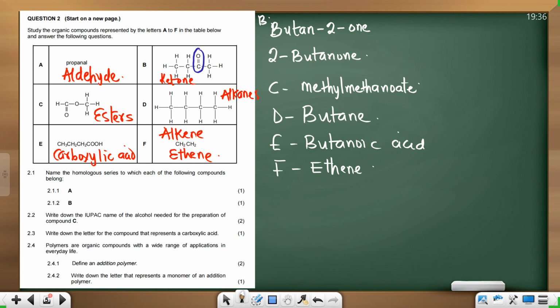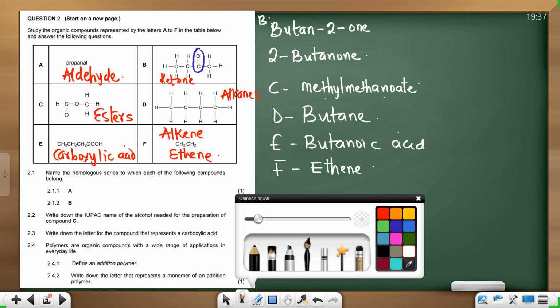Look, your 10 minutes, you should have done that. Name the homologous series to which the following belongs. Do you notice we've answered the first 2? I'm going to skip. The first 2 has been done. A is an aldehyde. B is a ketone. Write down the IUPAC name of the alcohol needed for the preparation of C. C is methyl methanoate.